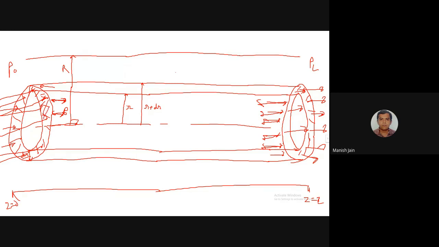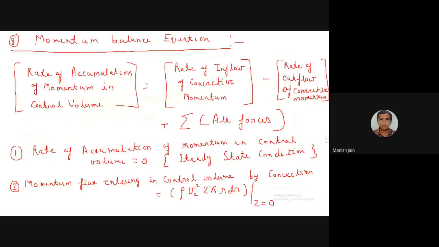So it will always be an inward force, a compressive force which compresses the system. At this point the force direction is the negative z direction, and at this point the force direction is the positive z direction.